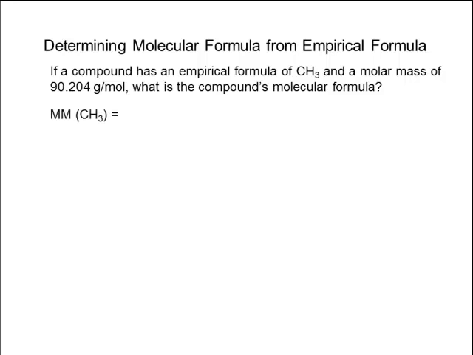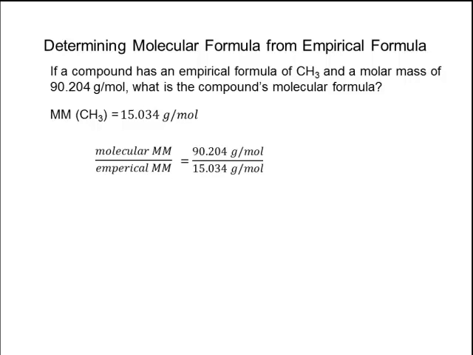Well, this process is relatively simple. If I calculate the molar mass of CH3, I get 15.034 grams per mole. So that's the molar mass of the empirical formula. And you notice the molar mass of the empirical formula isn't the same as the molar mass of our compound. If it was, our empirical formula would be our molecular formula, but it's not. So what we can do is take our molecular molar mass divided by our empirical molar mass.